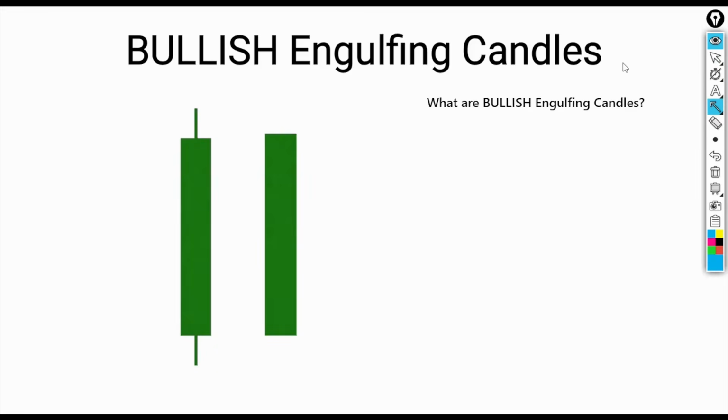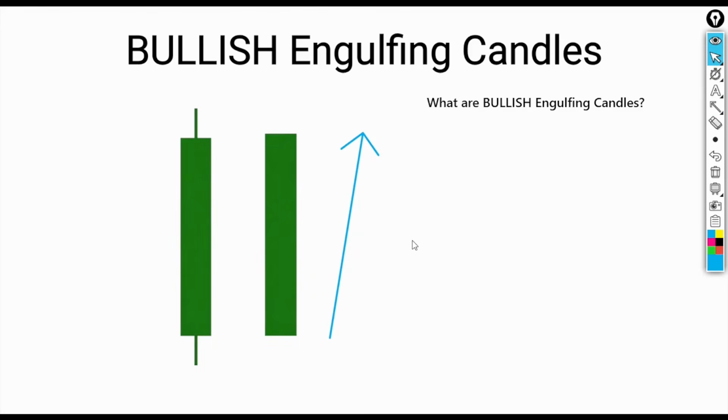So, what exactly are bullish engulfing candles? A bullish engulfing candle forms when there is strong buying pressure, right? The buyers are in control. There are little to no sellers involved in this move, telling us that the bulls are driving the price up.